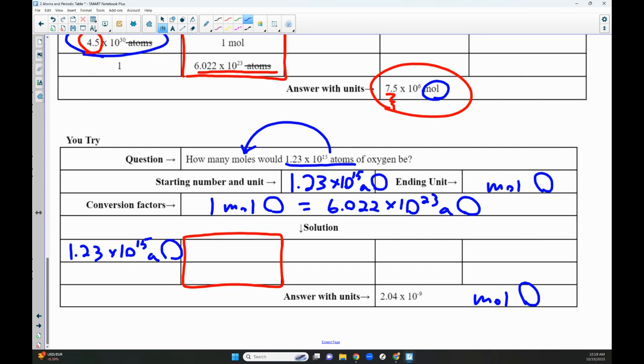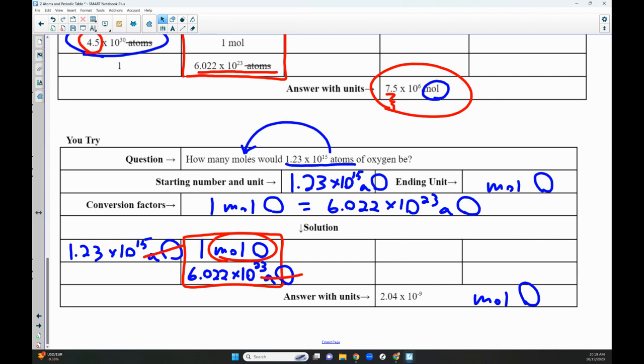So I'm going to put atoms on the bottom, 6.022 times 10 to the 23rd atoms of oxygen. And on top, 1 mole of oxygen. Arranging it like this allows me to cancel out atoms of oxygen and leaves me with moles of oxygen as my unit.